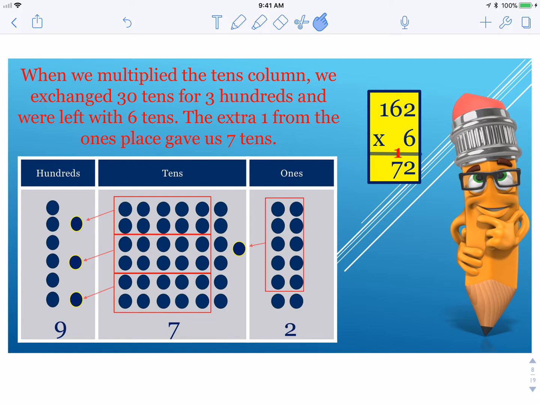So if you look, we were able to bundle 30 of them and move them over. That left us with 6, but then our 1 from the other added onto it gave us 7. So if you look over here, we have our 6 plus 1, and our answer would be 7.